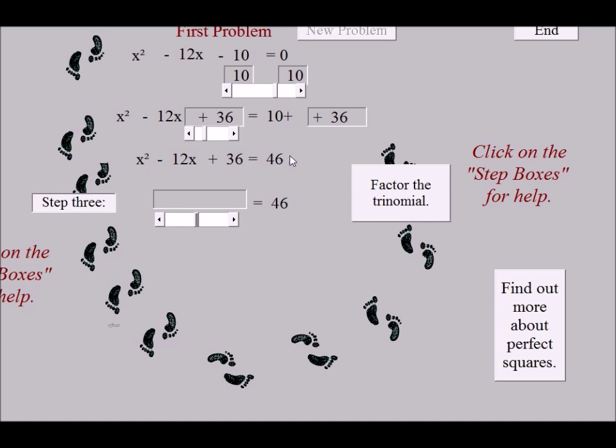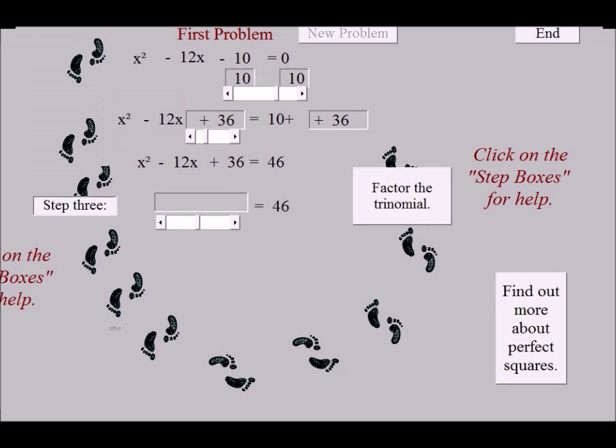So now what we have to do is factor the trinomial. I'm going to bring up the marker here so we can talk about factoring this. It's going to be a perfect square because we gave it what it needed to be a perfect square. So this is really kind of easy factoring. The two quantities have to be exactly alike.